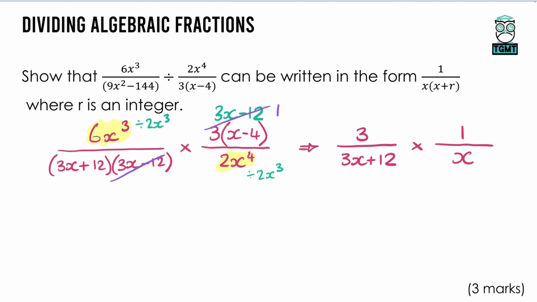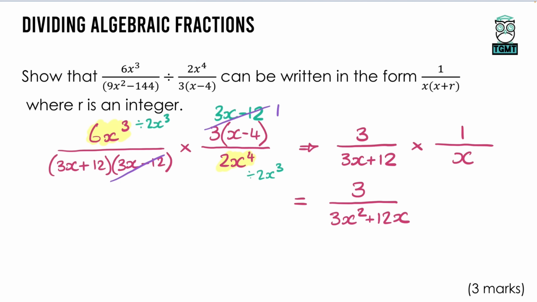We now just need to expand the brackets on the top and the bottom. Now on the numerator, it's 1 times 3, so no bracket there, just 3. On the denominator, it's x multiplied by 3x plus 12. So that'll give us 3x squared plus 12x.